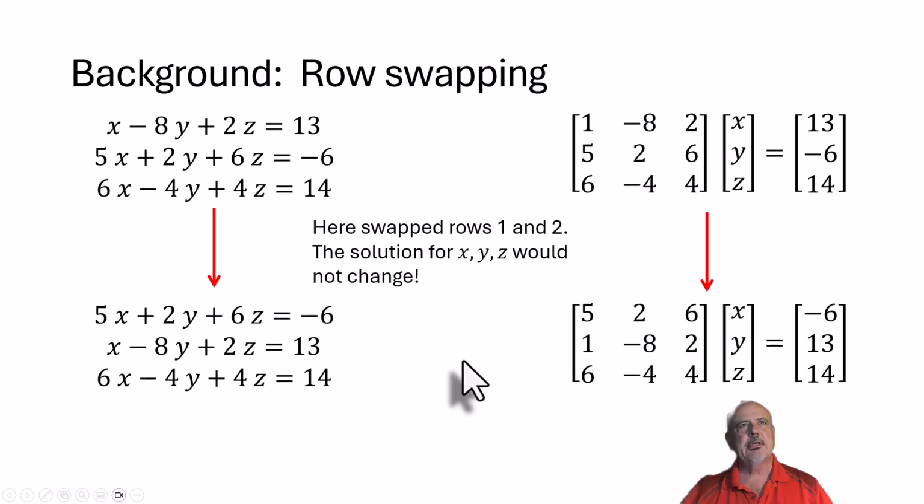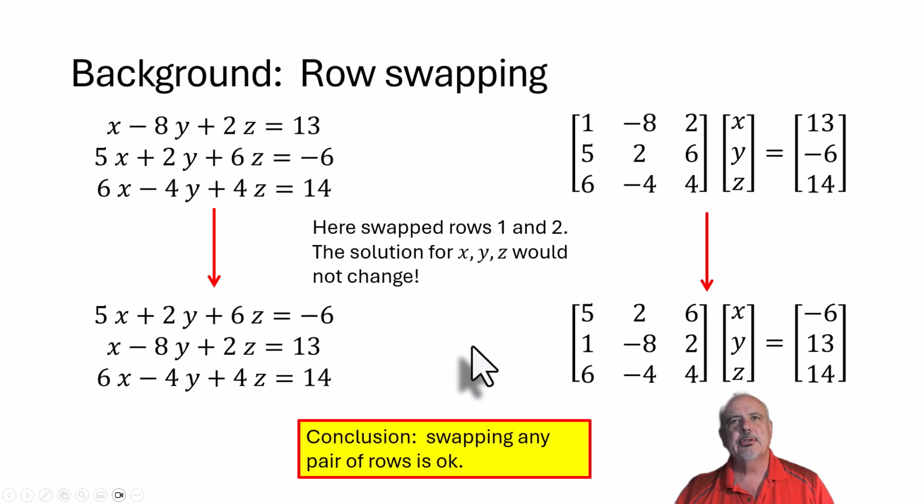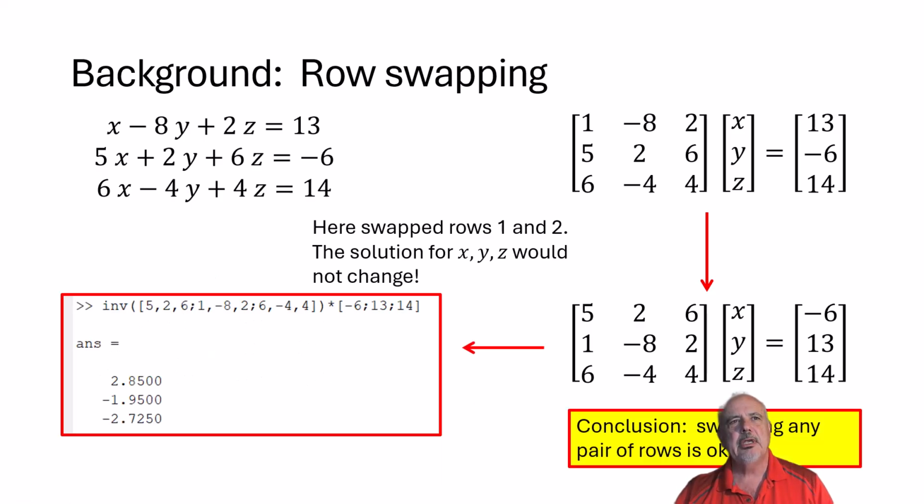So I've done these allowable row swaps, and it's important to recognize that I get the same solution, the same x, y, and z. I can show that by doing my inverse, based on the row swapped matrix.